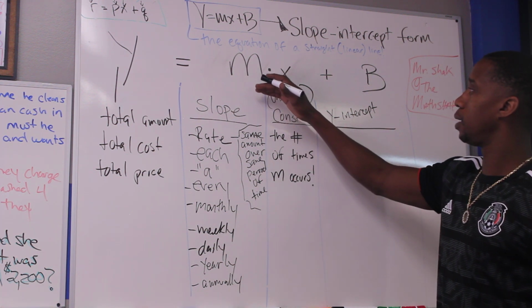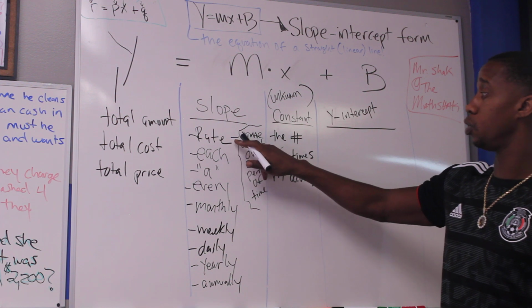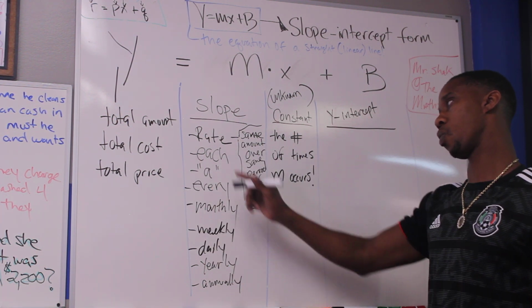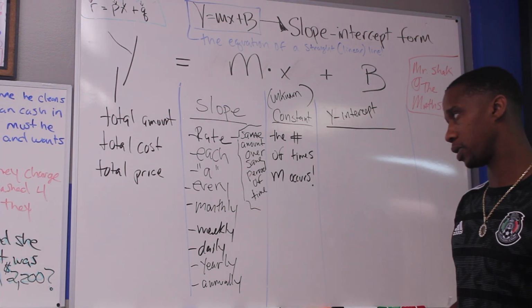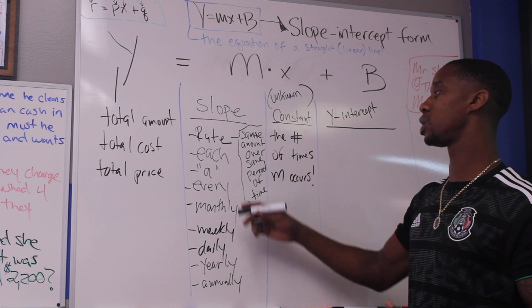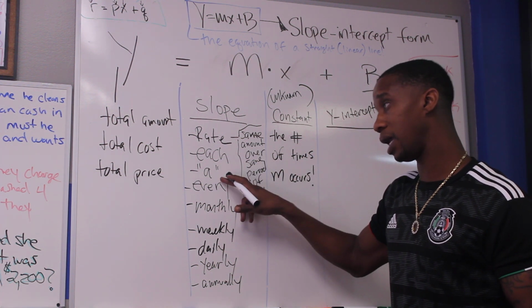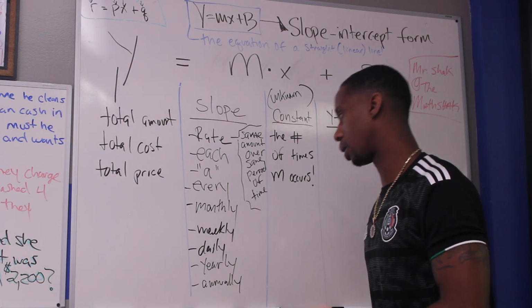So mathematically, M is slope, but in real life, words that you'll see in word problems that will help you identify the slope are words like rate. A rate is basically the same amount over the same period of time. Other words you'll see that help you identify slope are each, a. Each shirt costs $10. A shirt costs $10.